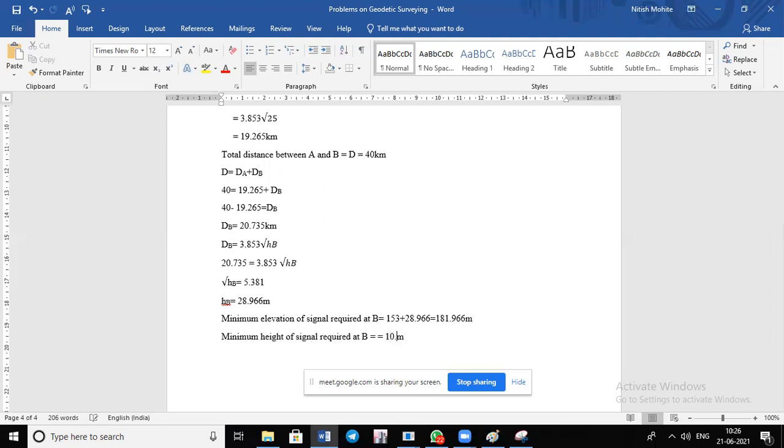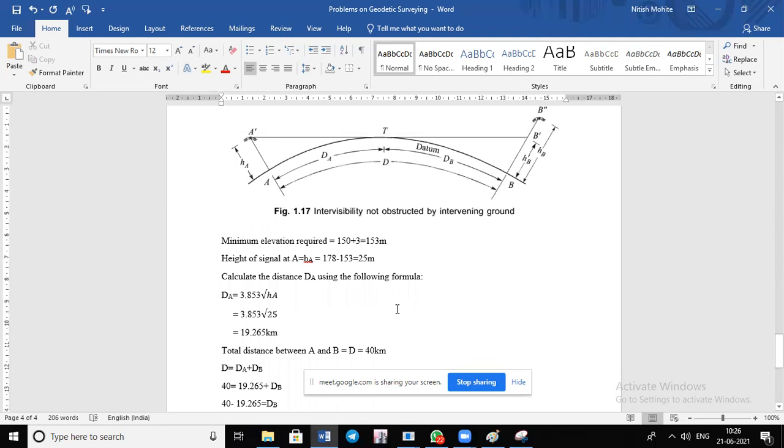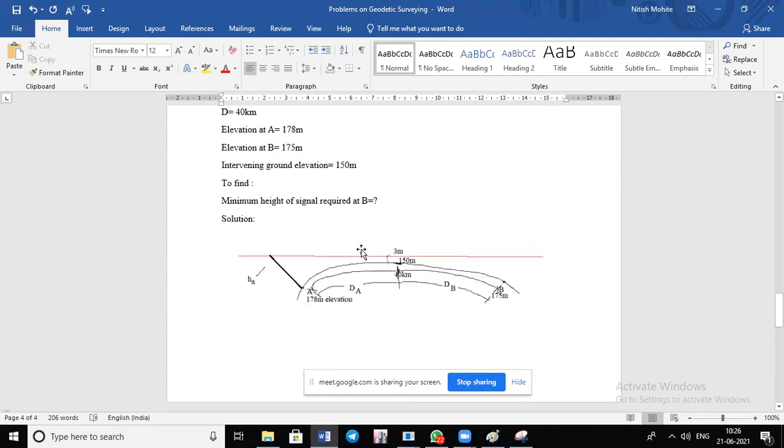And actually, how much is the elevation we are having here? It is 175.